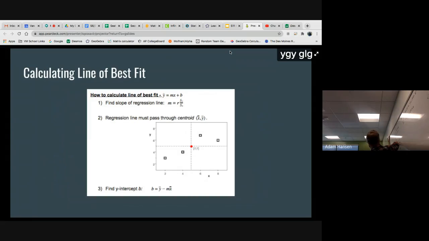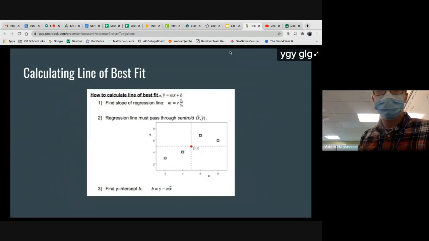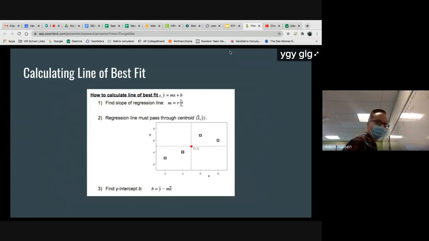Slope means change in y over change in x, but for these regression models, it's the standard deviation of y divided by the standard deviation of x. Slope m equals r times the standard deviation of y divided by the standard deviation of x.